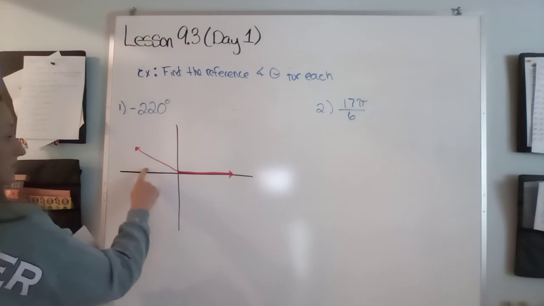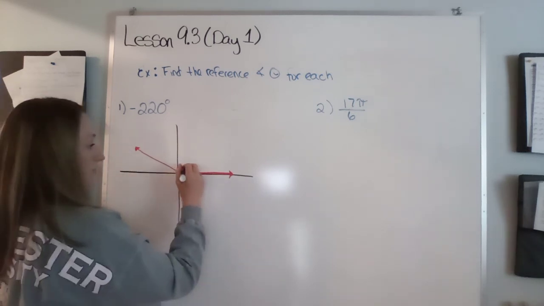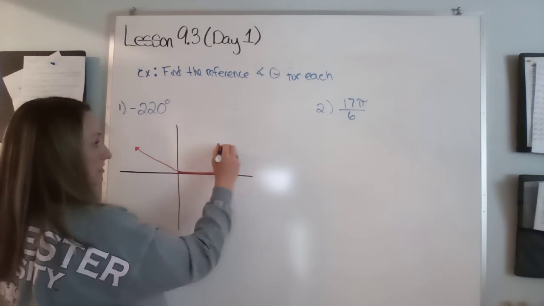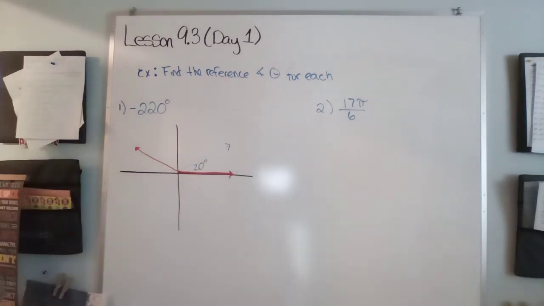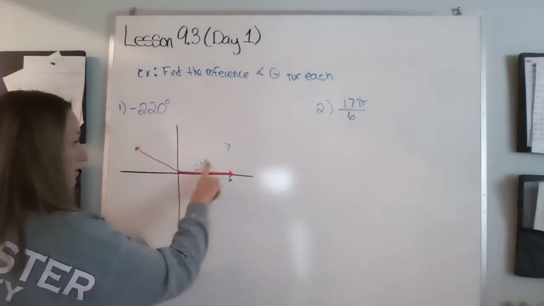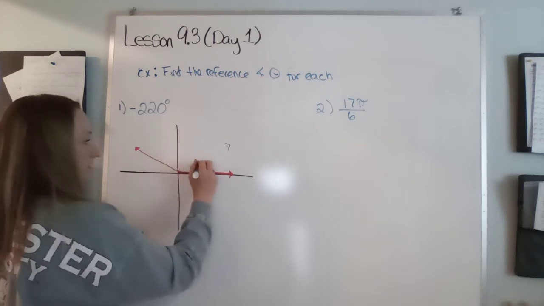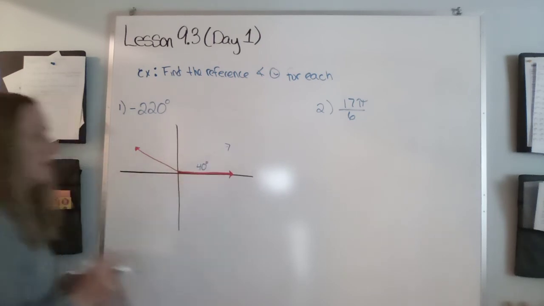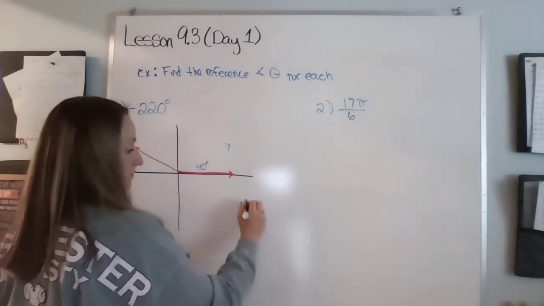So when I reflect it over into the first quadrant, I still need to be the same distance away from the x. I'm sorry, I said 20 wrong. It's 40 degrees. We said we're 40 degrees away. So it's 40 degrees away. Okay, so that means the reference angle is a 40-degree angle.